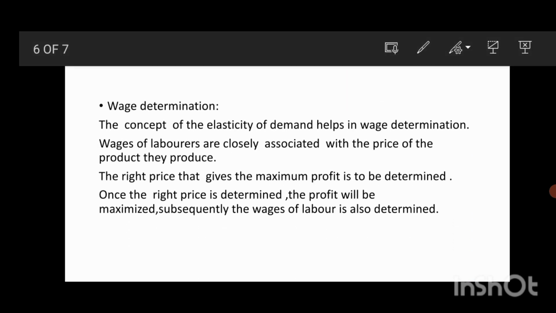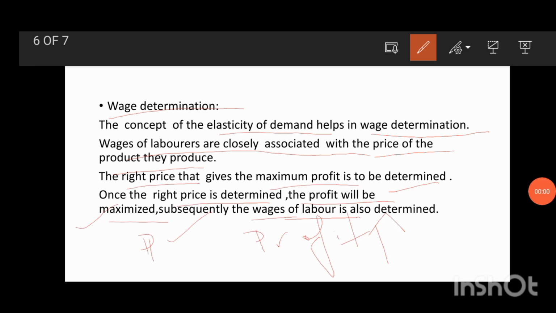Another area where elasticity of demand is used is wage determination. The concept of elasticity of demand helps in wage determination. Wages of the labor are closely associated with the prices of the products which they are going to produce. So the right price that gives the maximum profit has to be determined. Once the right price is charged, the profit will be maximized, because if the price of the product is reasonable, consumers buy that product.